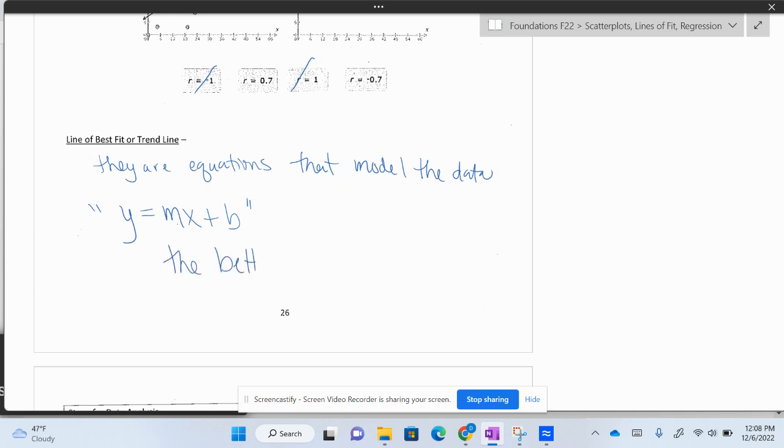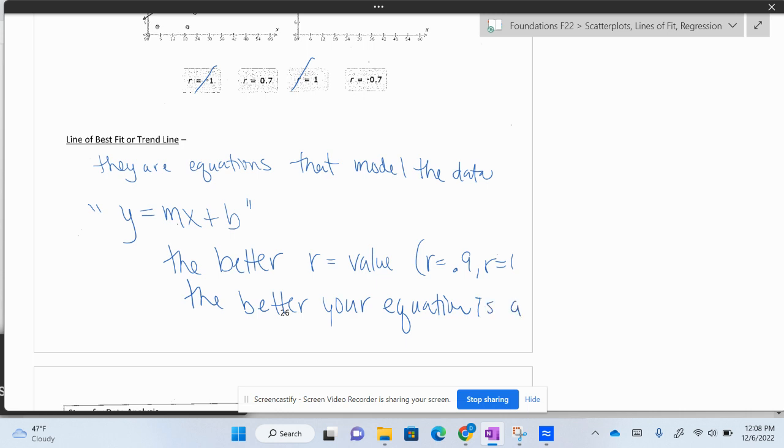The better R value that you have, meaning like R equals 0.9 or R equals 1, the better your equation is at predicting values.